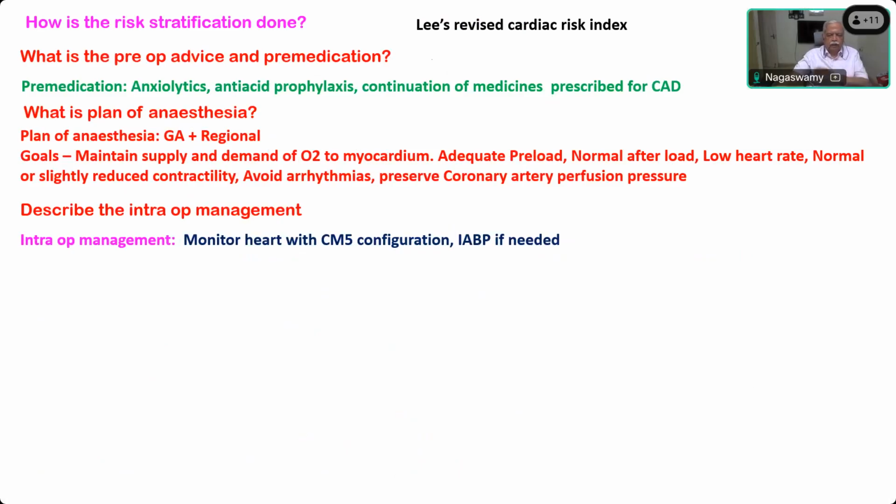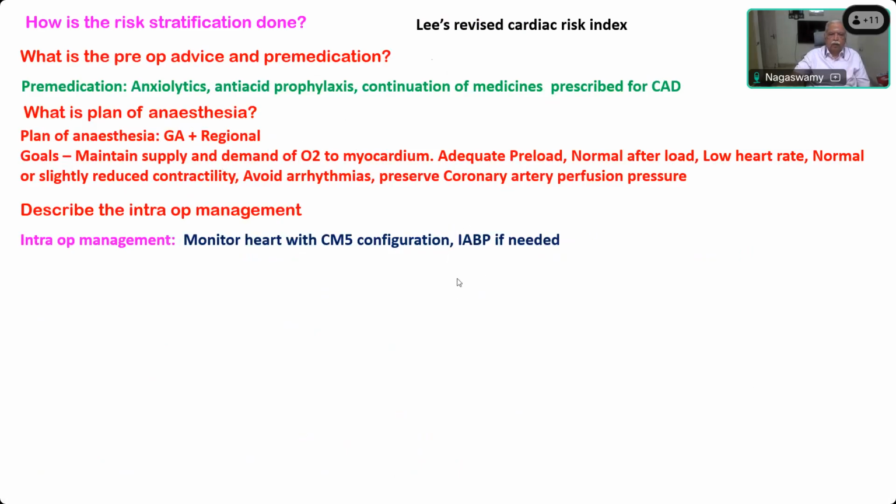So instead of putting it on the right arm and left leg, if you put the right arm lead on the manubrium sterni and the left arm lead on the V5 position on the chest and the left leg in the same position, that is called the CM5 configuration. Okay, and this will detect intraoperative arrhythmia better than your normal right arm and left leg position of electrode placement.